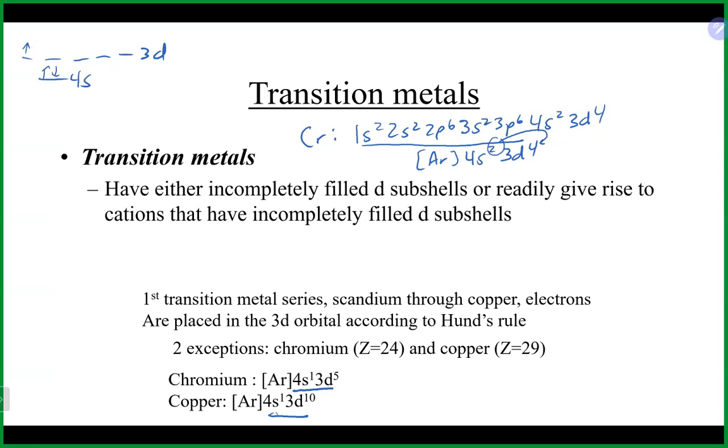What actually happens, as we'll talk about in a second, is that when you start putting electrons into the d orbitals, there's a switch in energy between these orbitals. It ends up being that the 4s will be higher in energy than the 3d.